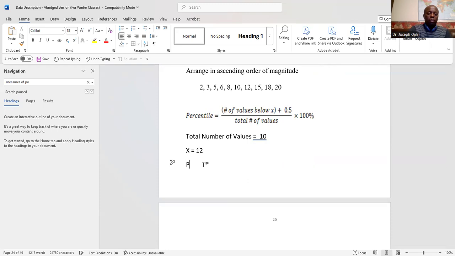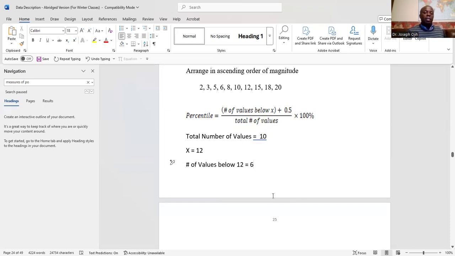Let me write these numbers down. Number of values below 12. That's 6 of them, because you say 1, 2, 3, 4, 5, 6 of them.